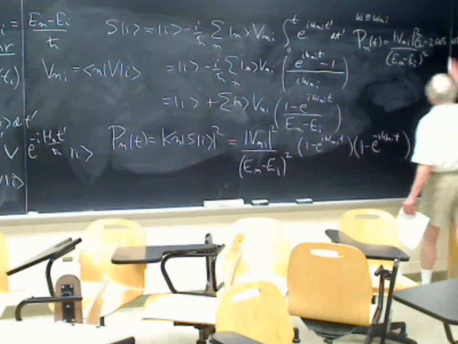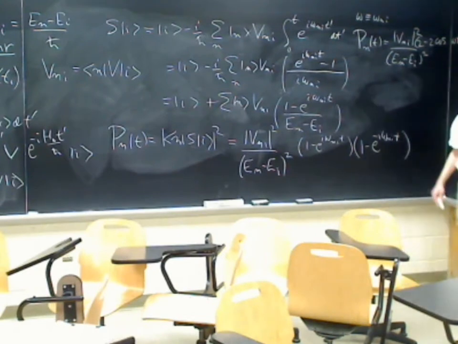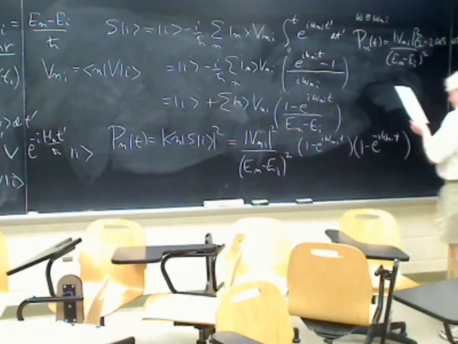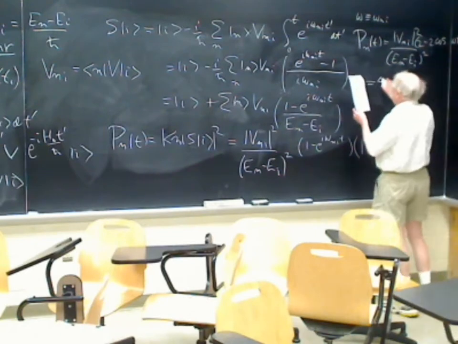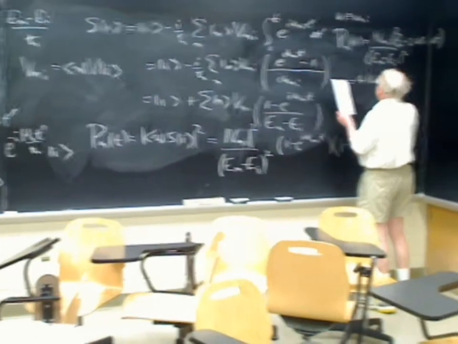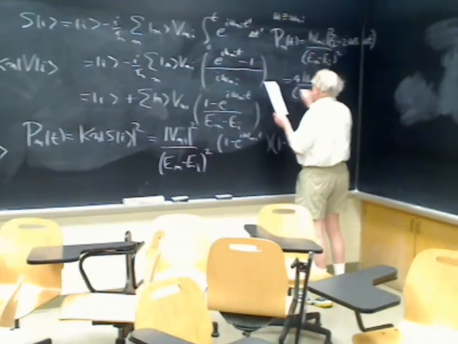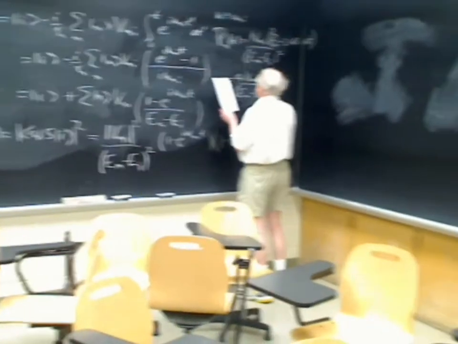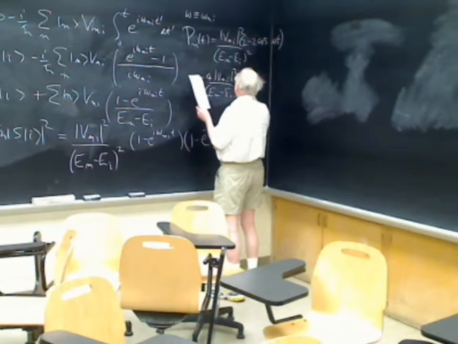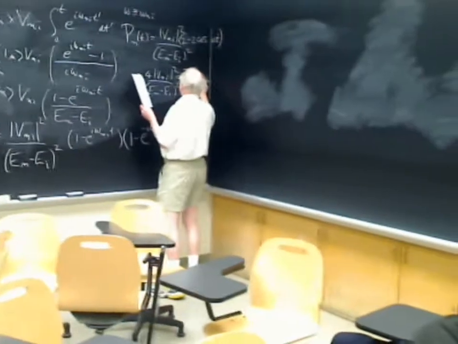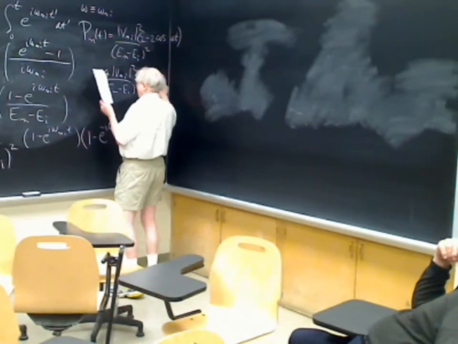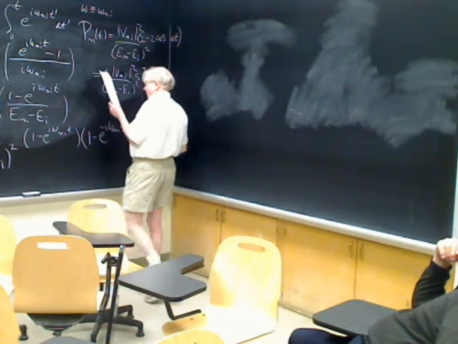With trigonometry, there are thousands of formulas that relate one function to another. And one of them is we can change that to 4 V_ni squared over E_n minus E_i squared times sine squared of omega_ni t over 2. So this is basically a half-angle formula.